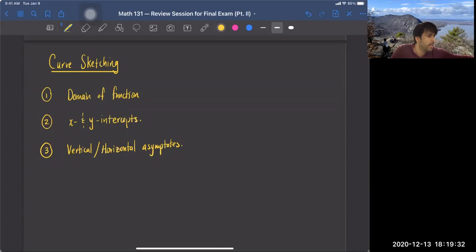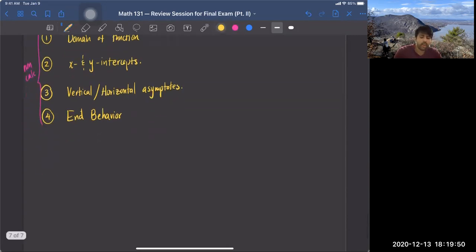Along with that is the end behavior, so we want to figure out what happens at the ends. These are the non-calculus portion of it.